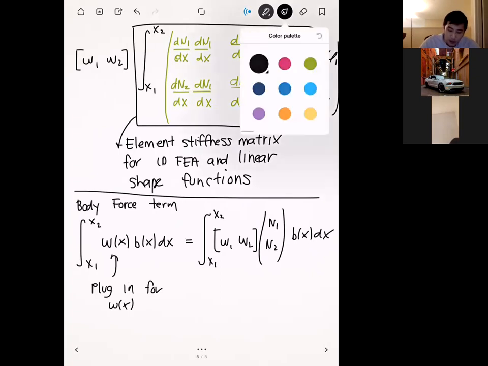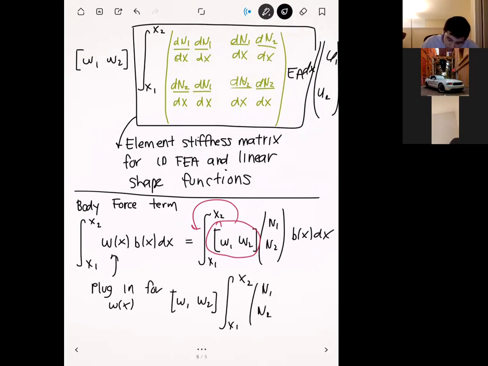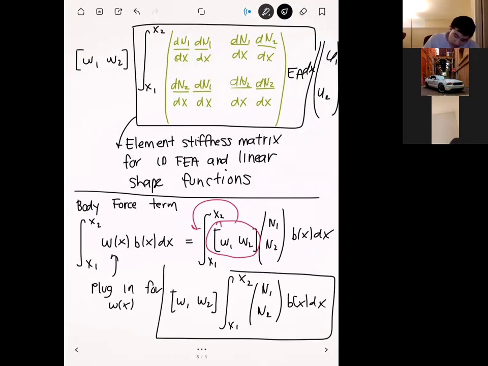Just like we did for the stiffness matrix, since this w1, w2 here are constants, we can go ahead and factor them out of the integral. And so we have w1, w2 times the integral from x1 to x2 of N1, N2, b of x dx.